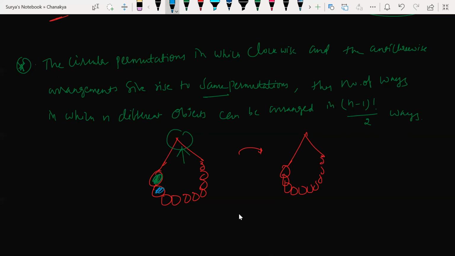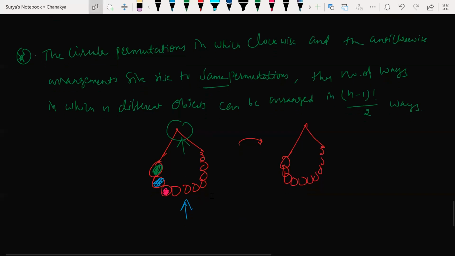Let's say you have green here, blue, and pink. Whatever permutations you get, you get the same arrangements when you tilt it and wear it. Are you guys able to understand what I'm trying to say?